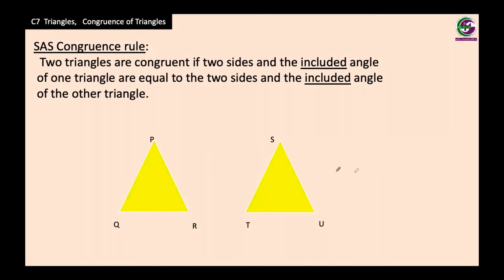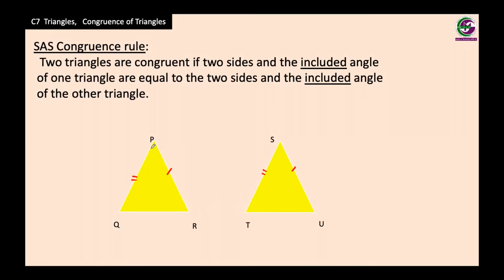Now, let us see another example. If side PR is the same as side SU and side PQ is the same as side ST, which angle should be given to show that these 2 triangles are congruent? Can it be Q and T? No, because this is not in between the given sides. The given sides are PQ and PR.